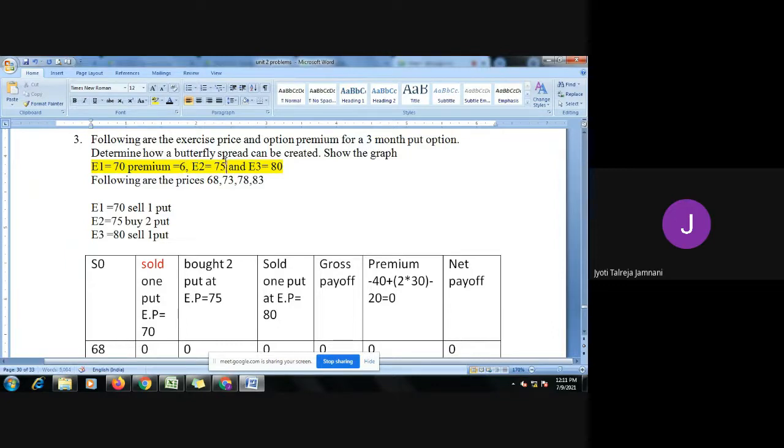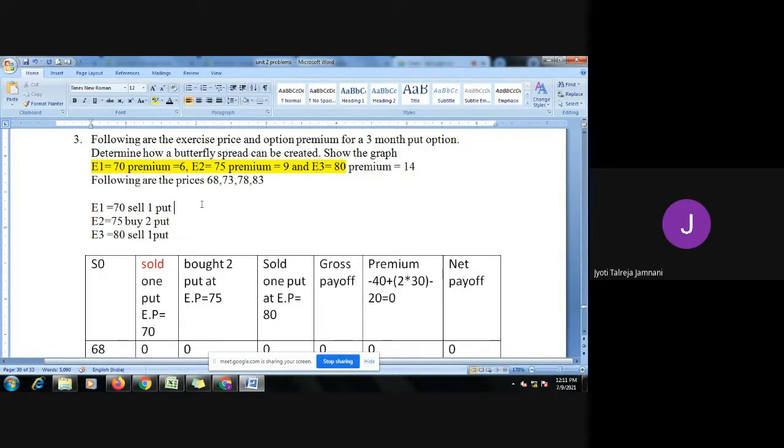Then the premium for exercise price E2 is 9 rupees. And the premium for E3 is 14 rupees. Okay, so these are the three premium amounts that will be given in the question. So at exercise price 1, the premium is 6, exercise price 2, the premium is 9, and exercise price 3, the premium is 14. Now what we have done, we have sold one put option at exercise price 70.